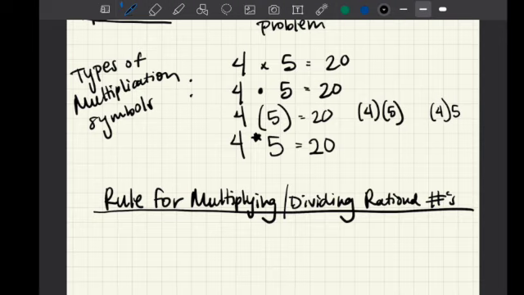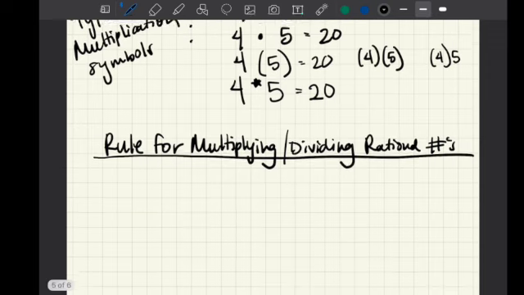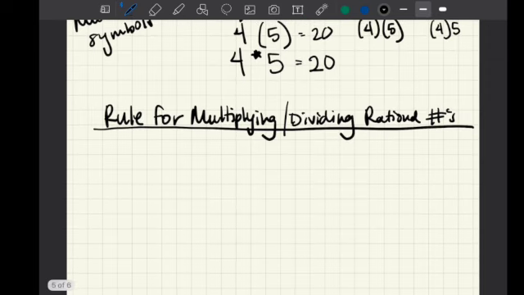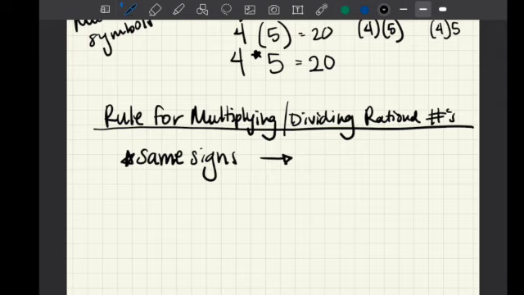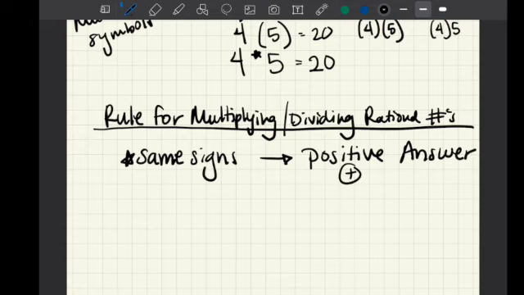So if we are multiplying two numbers that have the same sign, the answer is going to be positive.